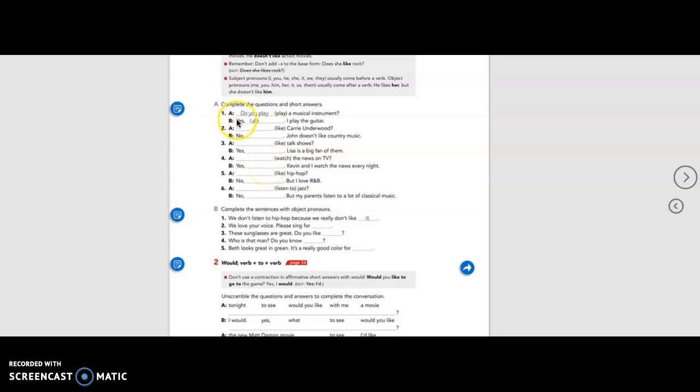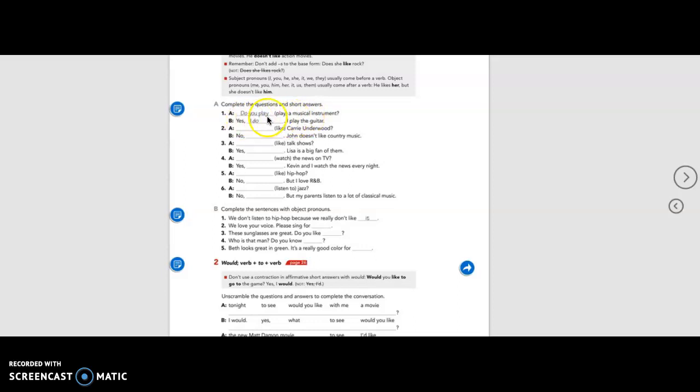As you can see, you have an example where you have to construct or build a question and an answer. You are given the subject, so it's going to be easier for you to decide whether to put do or does. In this case, they give you the verb as well, play a musical instrument.